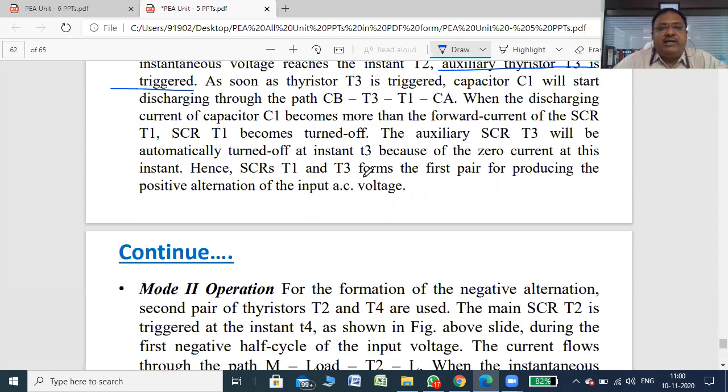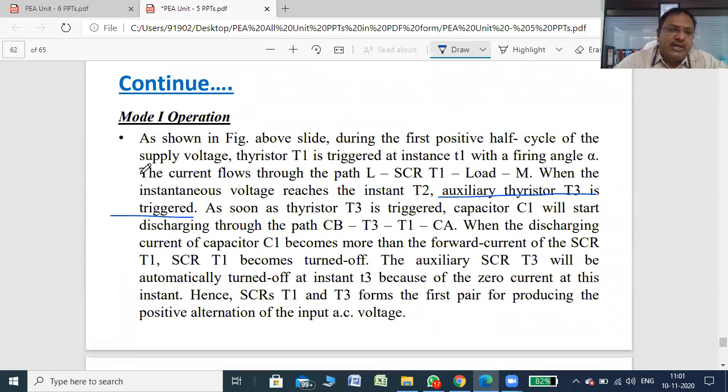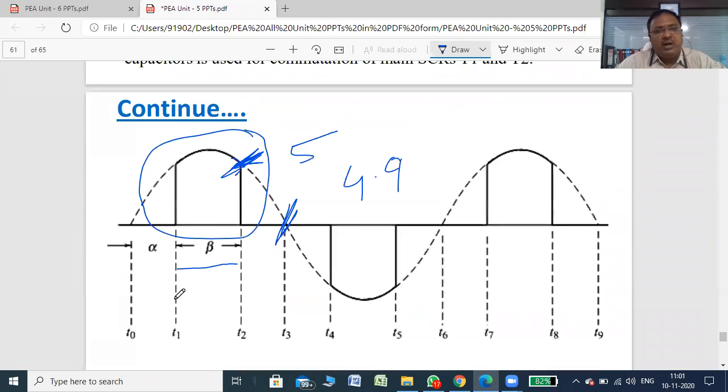Hence, the SCR T1 and T3 form the first pair for producing the positive alternation of the AC input voltage. So this is the AC input voltage, the positive part that is produced with the help of T1. So at time T1, thyristor T1 is triggered, and at time T2, thyristor T3 is triggered. At this instant, T3 also turns off.